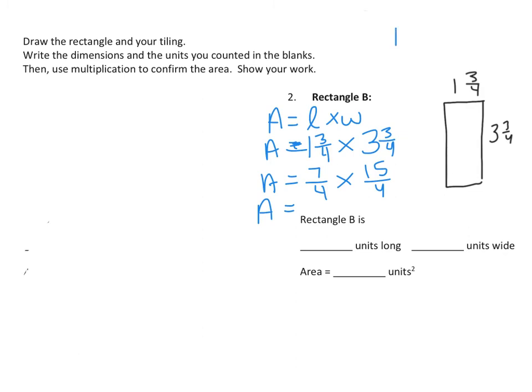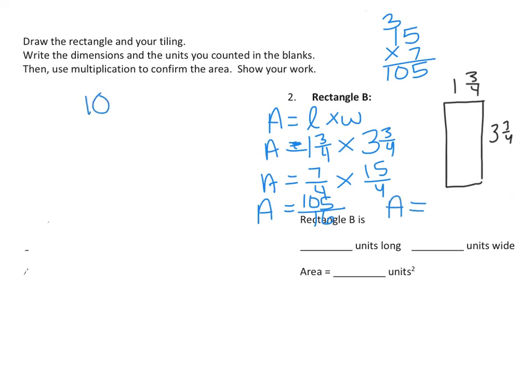Well, I don't know 7 times 15. So I'm going to do my work up at the top. 7 times 5, 35. Carry the 3. 7 times 1 is 7 plus 3 is 10. So 105. So I have 105. 4 times 4 is 16. Well, I don't know 105 divided by 16 because I need to now make it a mixed number.